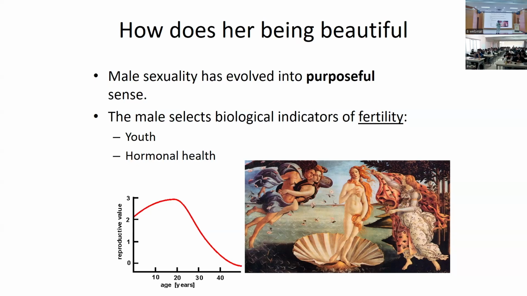The makeup is to appear as young as possible because the male selfish genes want to interact with somebody who is endocrinologically healthy. Young enough to have the peak of fertility.